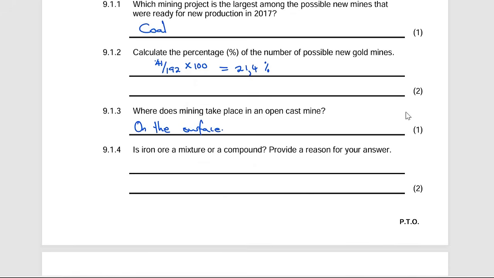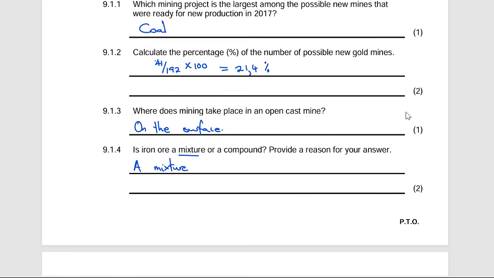Then we proceed. 9.1.4, it says, is iron ore a mixture or a compound? Then provide your answer. So it is a mixture. I'm going to write here a mixture. Then after that, I'm going to say, since it's a mixture, why is it a mixture?